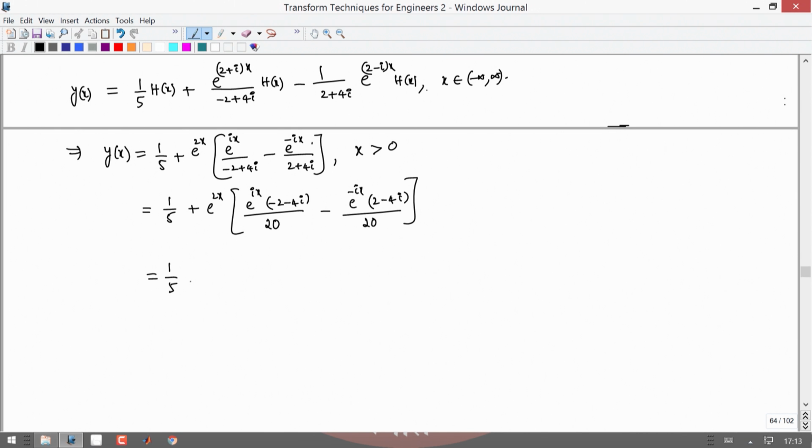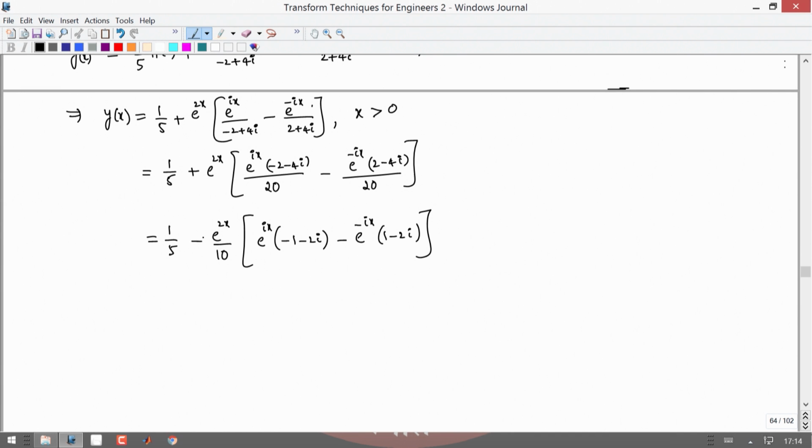So, as you see, 1 by 5 plus e power 2 x is common, and you can simplify this, that 10 comes down, and what you get is e power I x minus 1 minus 2 I, here e power minus I x 1 minus 2 I. So, if you take it out, minus comes out, this is going to be plus and this is going to be plus.